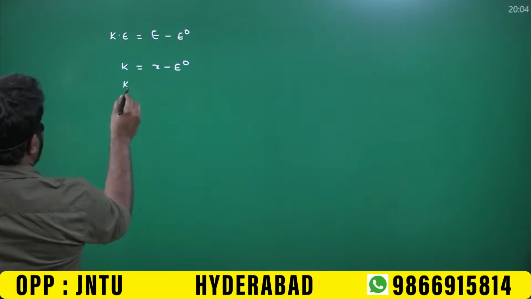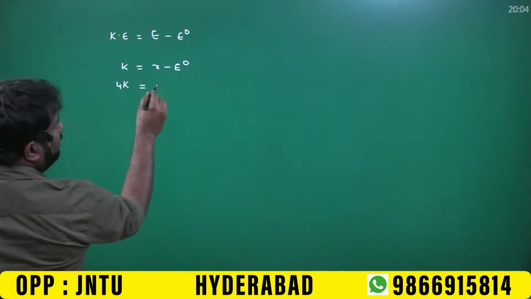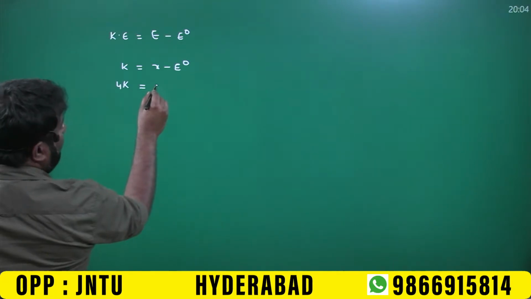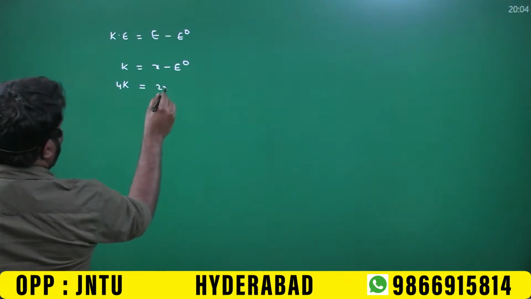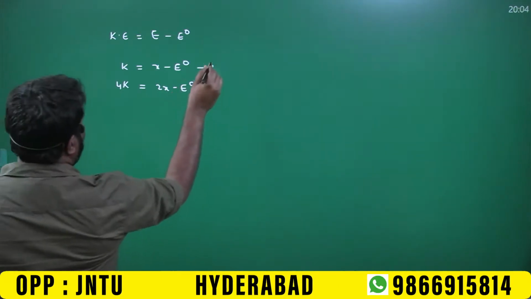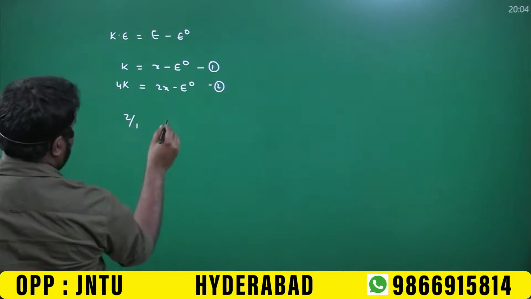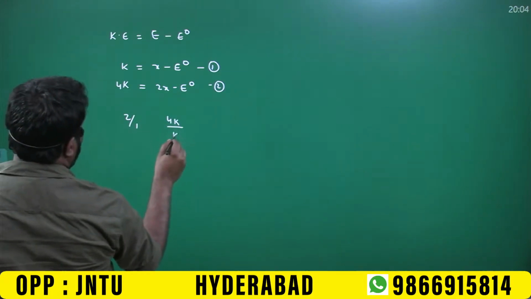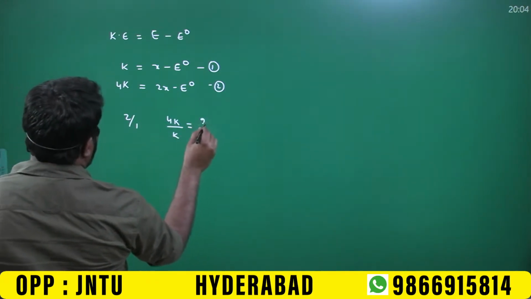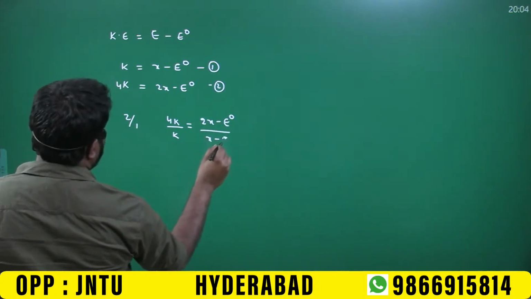K2 is given as 4K when the energy is 2X minus E naught. E naught cannot be changed. Then divide 2 by 1: 4K by K equals 2X minus E naught by X minus E naught.